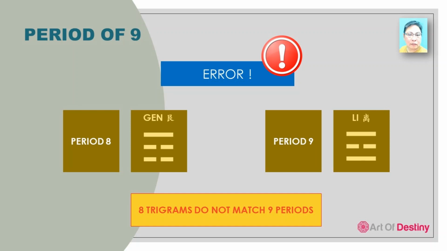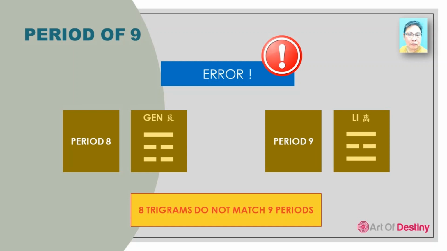And because of that, they will associate period 9 with the trigram Li. So what is this trigram Gen all about? This trigram Gen is of an earth element, and it also refers to young males.